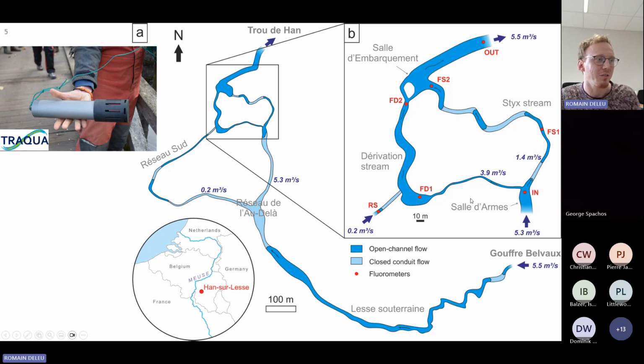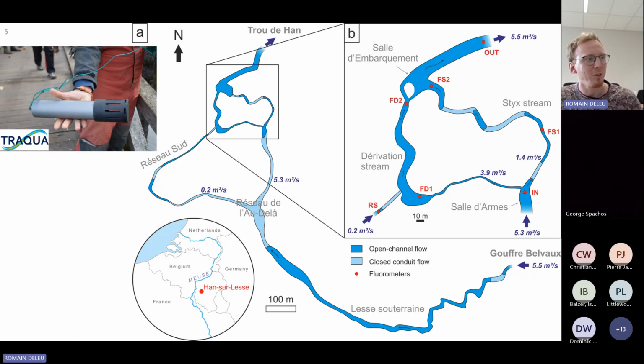So this is very interesting for us because this is exactly what we want to study. So of course, we did some tracer tests, we placed some fluorometers, and you can see that the river merges back together and goes out of the cave with again 5.5 cubic meters per second on the top of the figure here.